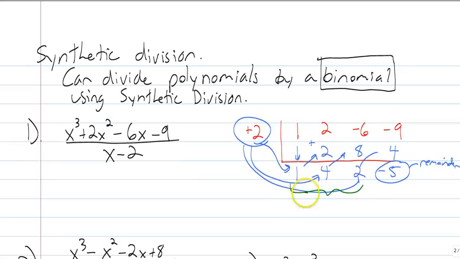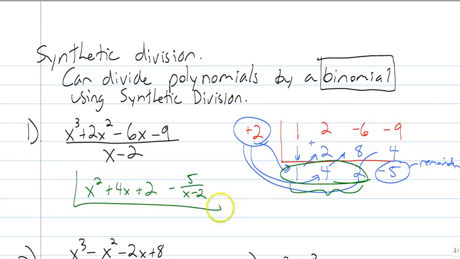So if you take these coefficients, my final answer is x squared instead of x cubed plus 4x plus 2 and then the remainder is the minus 5 over x minus 2. A lot faster than long division. Again, only can be done with a binomial though.